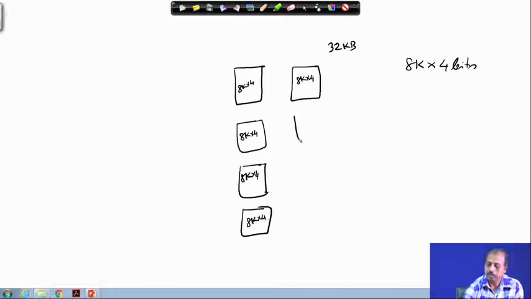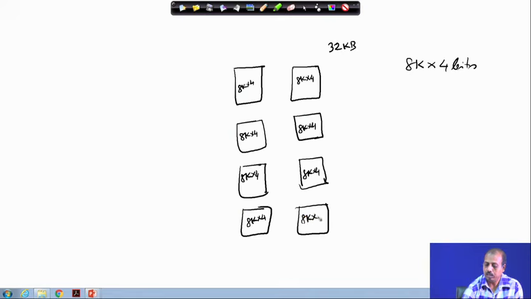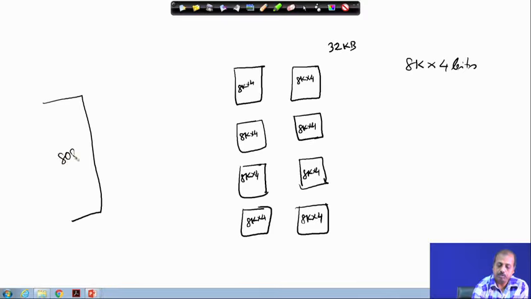So, you take another such pair of chips. Fine. And then from the processor side, this is an 8085, the address lines, then the decoding and all.